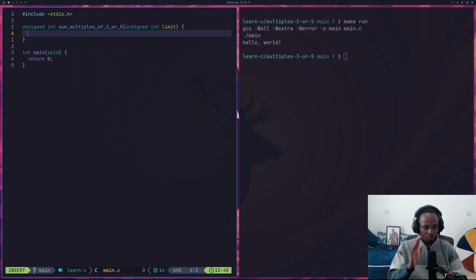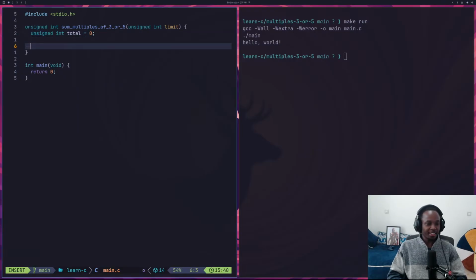So what do we want? We want to initialize a total, another unsigned int, and have it start at 0. Then for unsigned int index, let's start at 1 actually instead of 0, and we are only checking, is this index strictly less than the limit? And then we increment the index by 1.